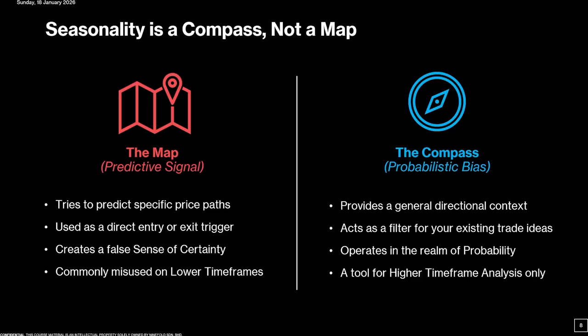The difference here is that where a map predicts with a high level of certainty that this is how you're supposed to get from point A to point B, this is the path, just follow that path, a compass, again, gives you a probability whether that given fact is likely true or not.